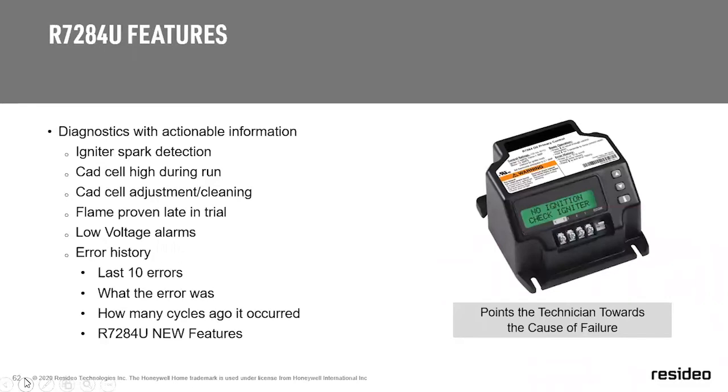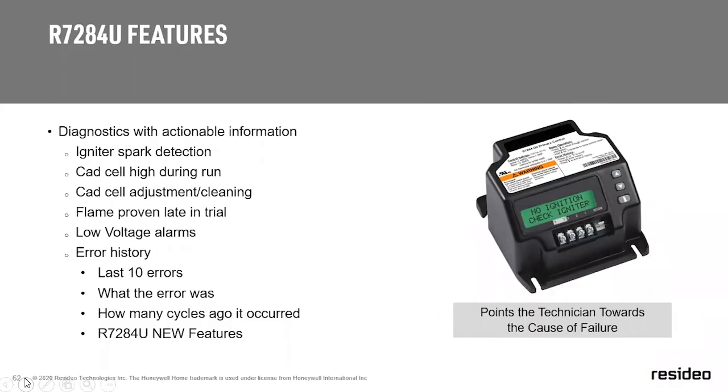So basically, what we like about this control is it points the technician towards the cause of failure. It gives him kind of a roadmap to what he needs to do, not waste time, and get to the cause and the issue. I think it's a simple device.